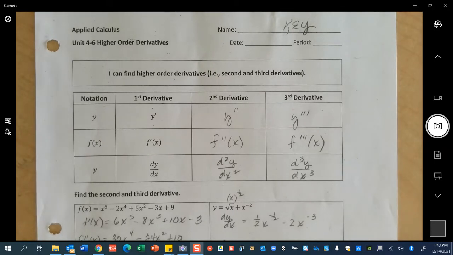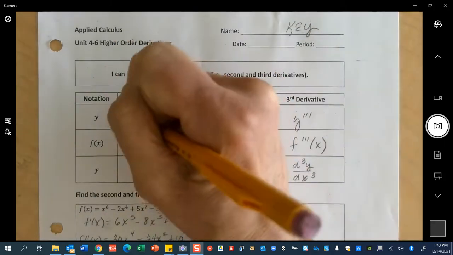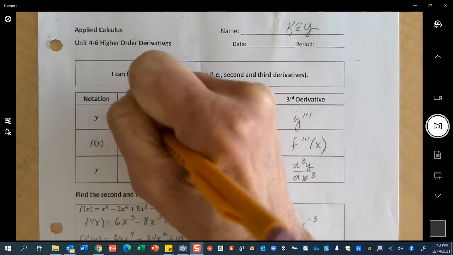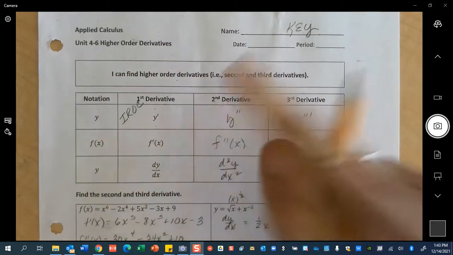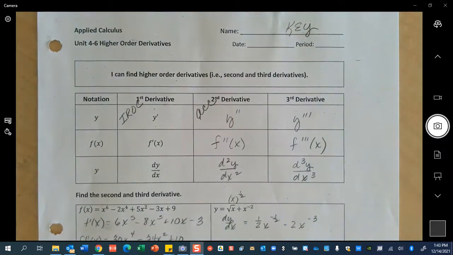So when I take the first derivative of a function, I'm looking at the instantaneous rate of change. Somebody said to me, why are we doing this? So I want to make sure you know, this is our instantaneous rate of change. Our second derivative, that's when we talk about acceleration. And I thought I talked about that when I showed you the two graphs. It talks about how fast the tangent is changing.